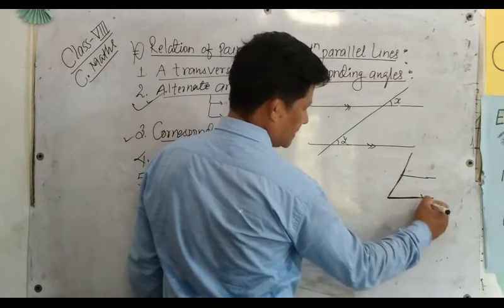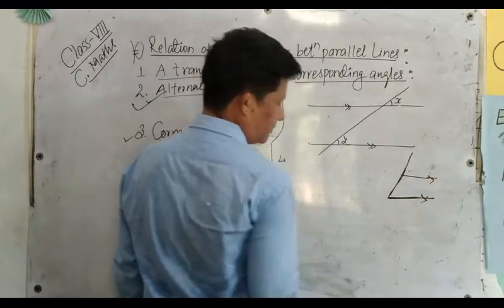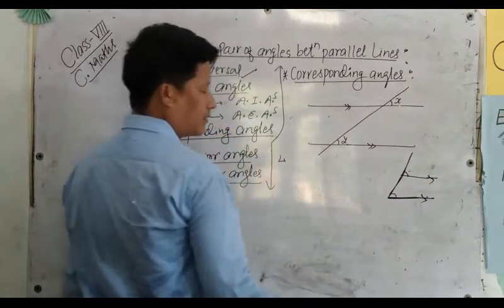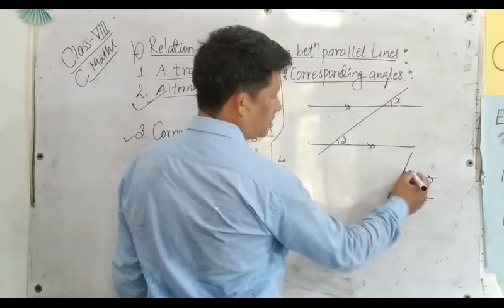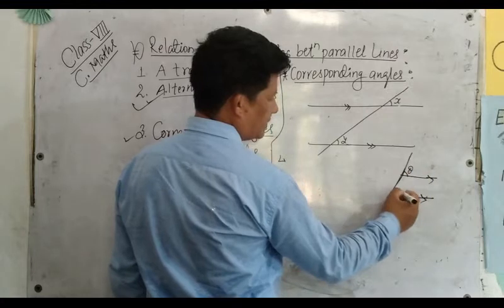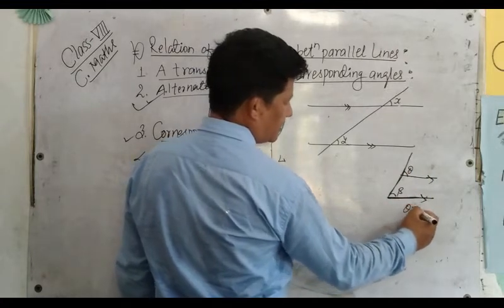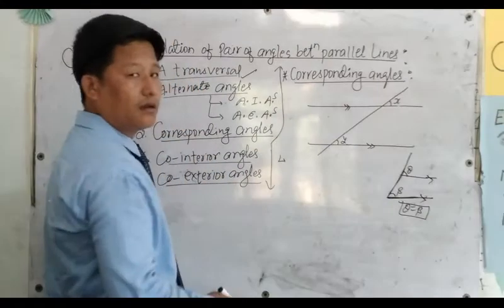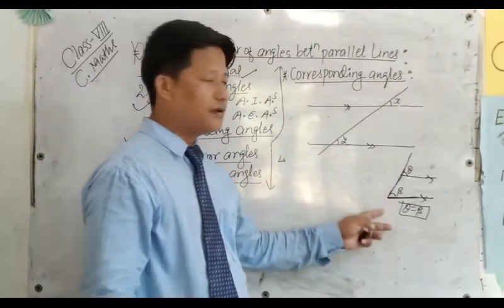If these two lines are parallel and this angle and this angle are corresponding angles, suppose this angle is theta and this angle is beta, then we can write theta equals beta.